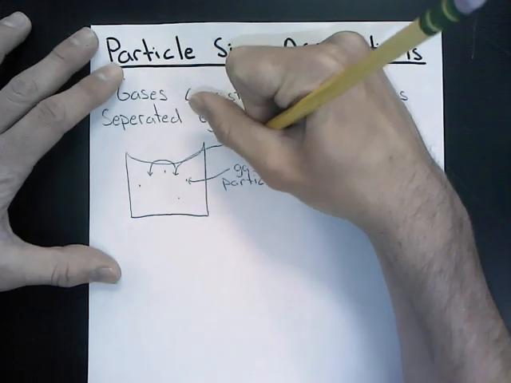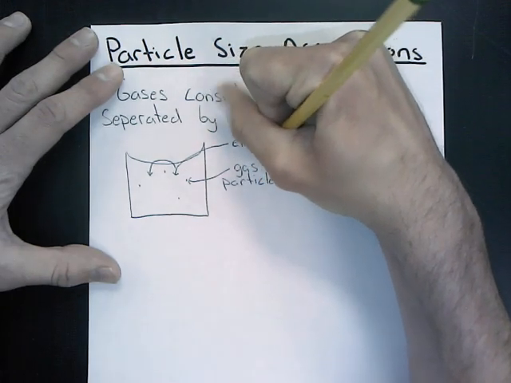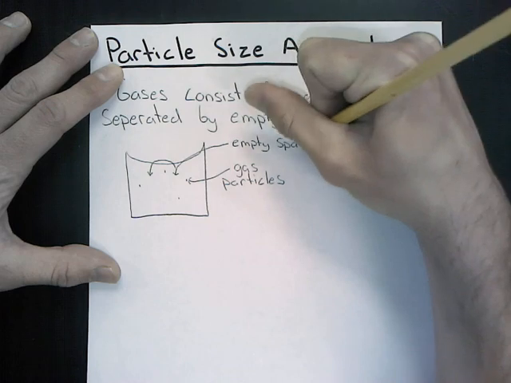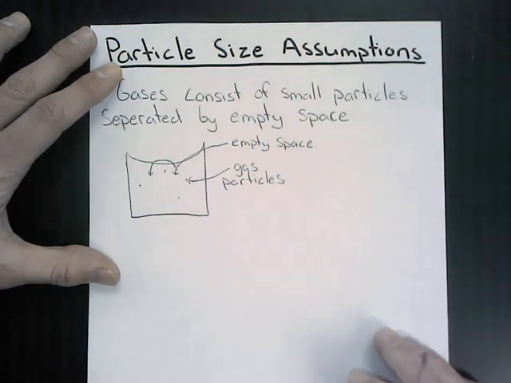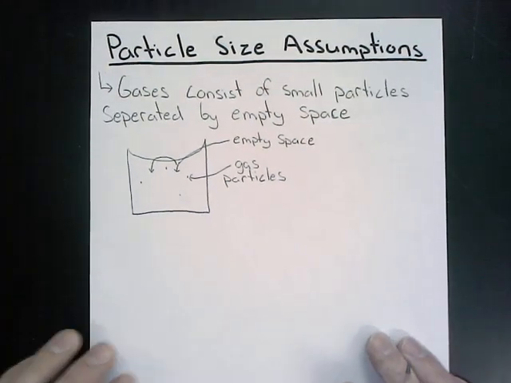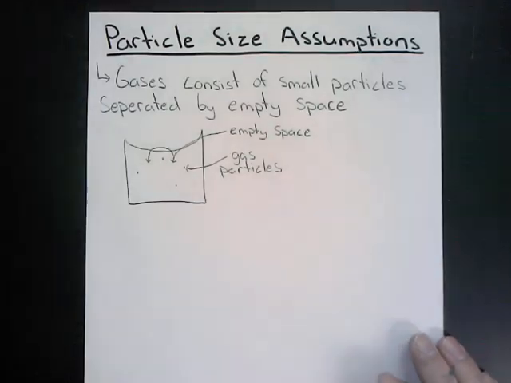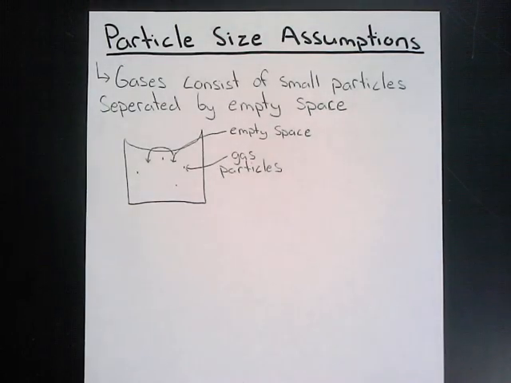As you can see, there is quite a bit of empty space in between each of these gas particles. And that brings us to our next point: gases are too far apart to experience any significant attractive and repulsive forces.